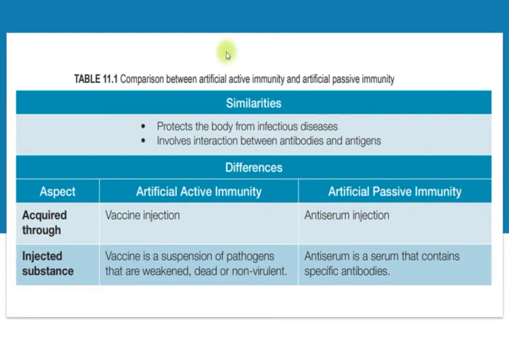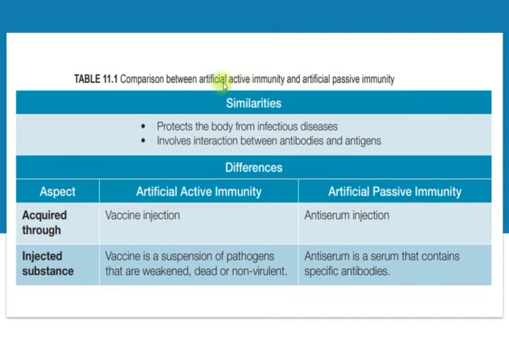Now let's take a look at the comparison between artificial active immunity and artificial passive immunity. When we talk about artificial active immunity, you should think about vaccination or vaccine injection.